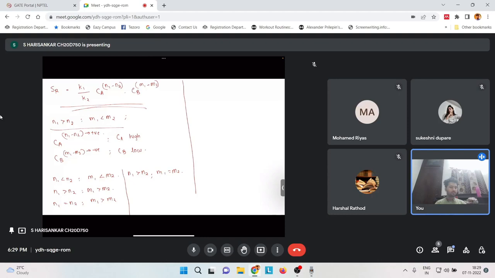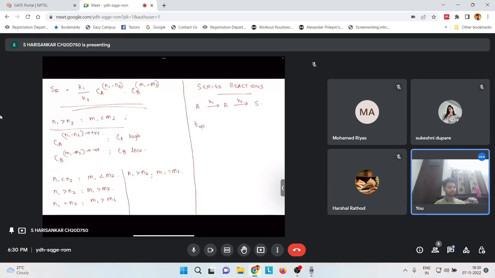Now let us look at something in series reactions. Okay, so now let us say we have a reaction like this: A gives R gives S, and we have the rate constants as K1 and K2. Now for series reactions, we have learned one term as T optimum.